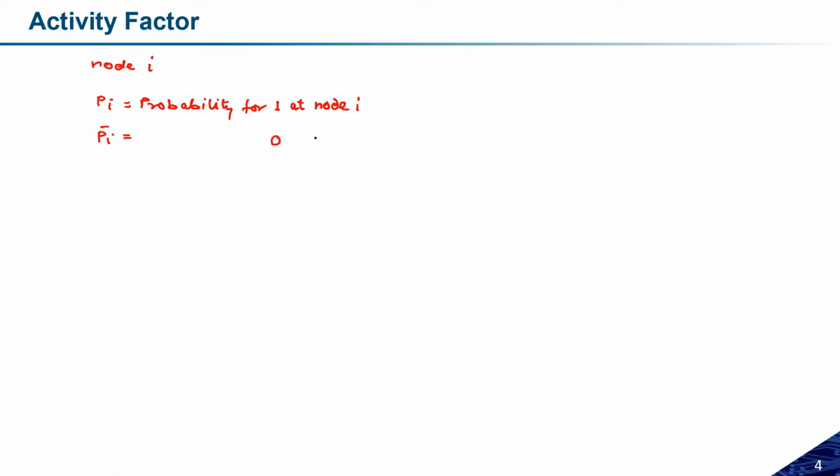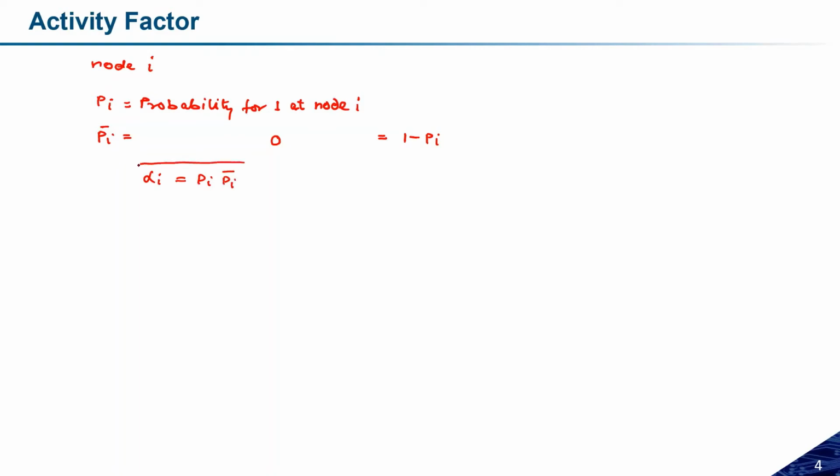You don't need to calculate both things: 1 minus Pi will be the probability of getting logic 0 at node I. In that case, the activity factor at node I, alpha I, can be calculated as Pi times Pi complement.